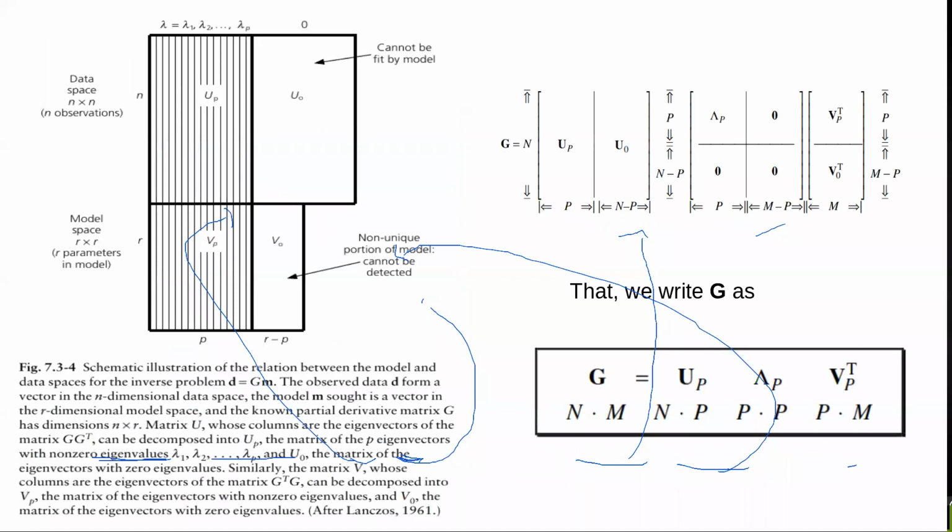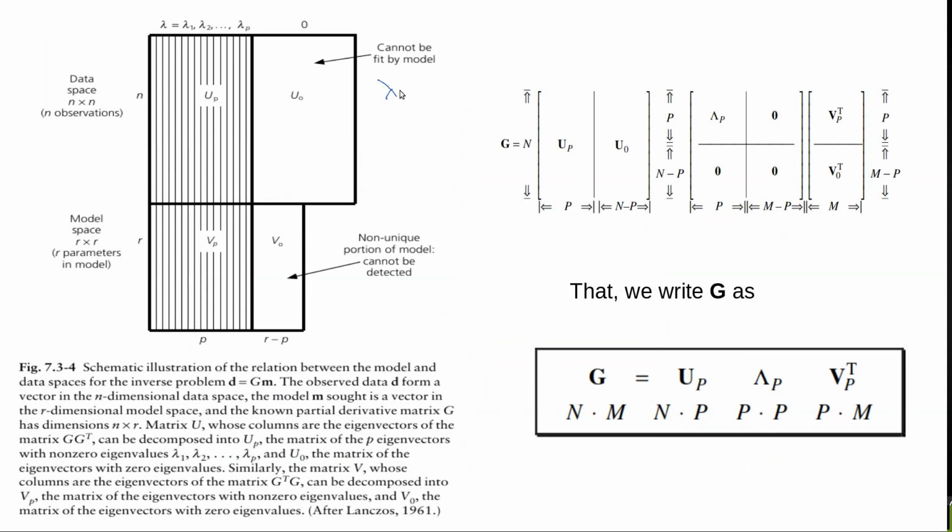And schematically, what it means is that, say if there are no zero singular values, so lambda 1 to lambda n is not equal to 0, then we can resolve all the model parameters and the data, so we can have a good association between the data space and the model parameter space.